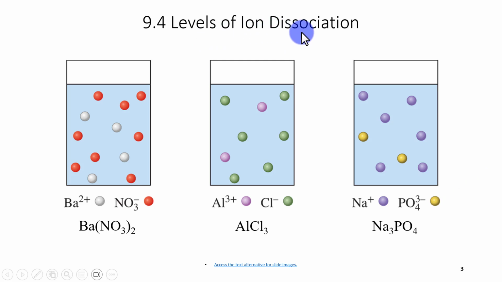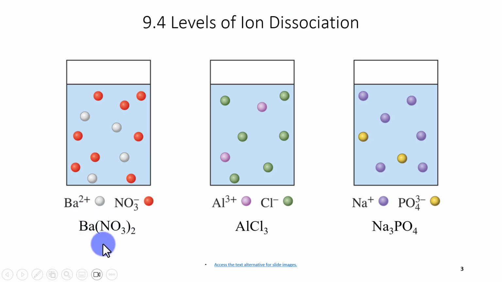Now I can have different levels of dissociation of ions. These are all ionic compounds that dissolve in water, but they will split into several different ions for every molecule. Obviously, those that have higher ion dissociation will be better electrolytes.